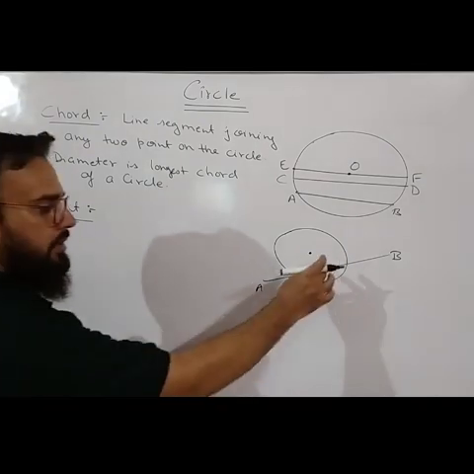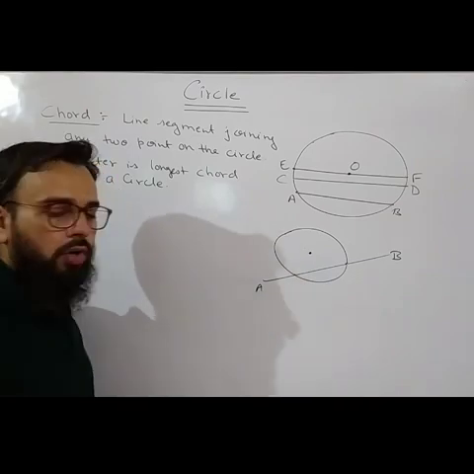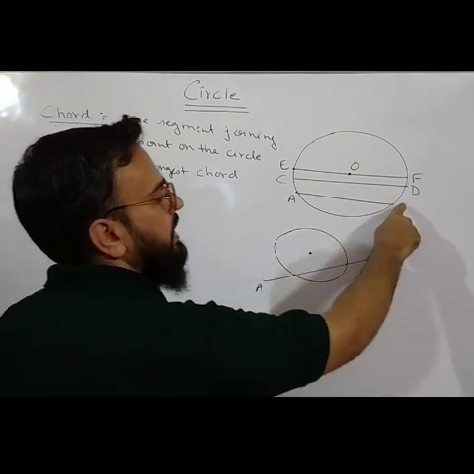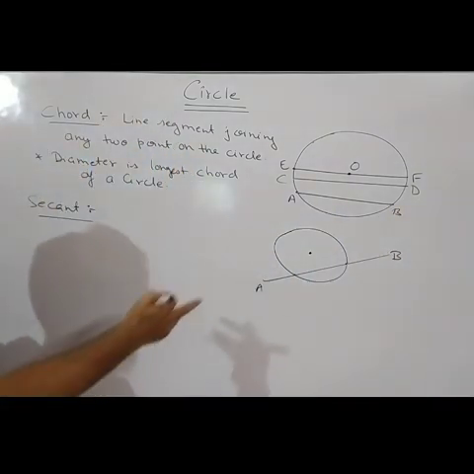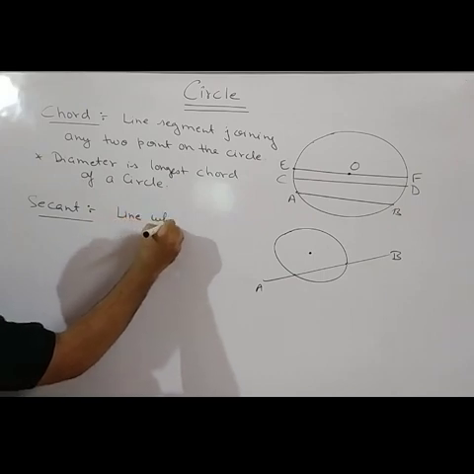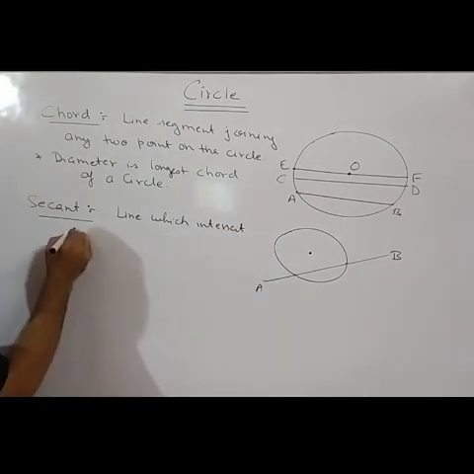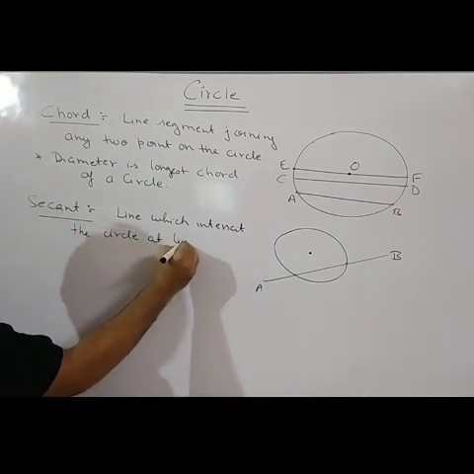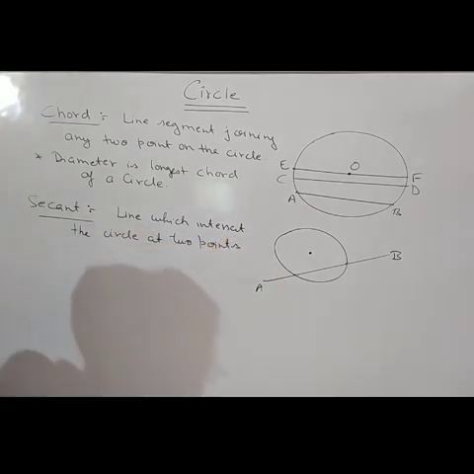If we talk only about the points on the circle, then it is a chord. If we talk about a line, a line segment extended on both sides of the chord, it is called secant. The line which intersects the circle at 2 points is called secant.